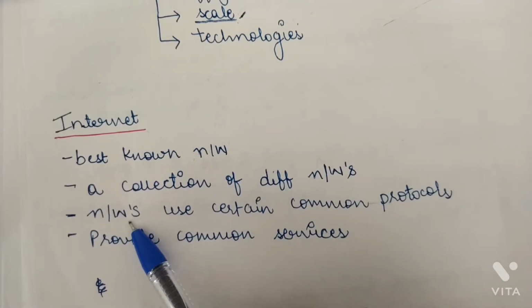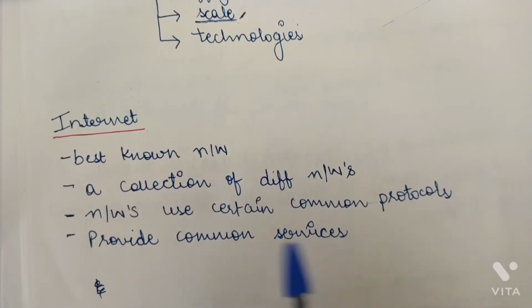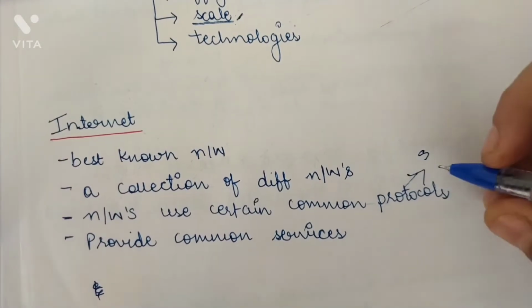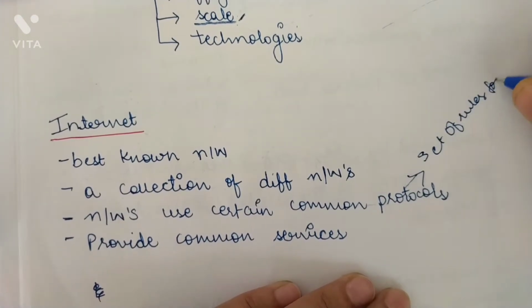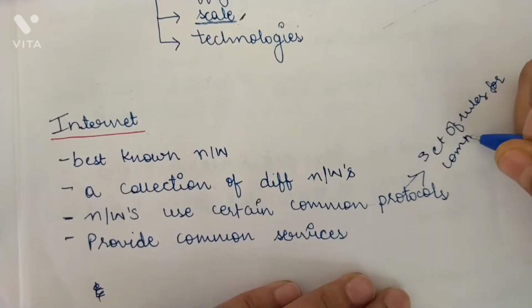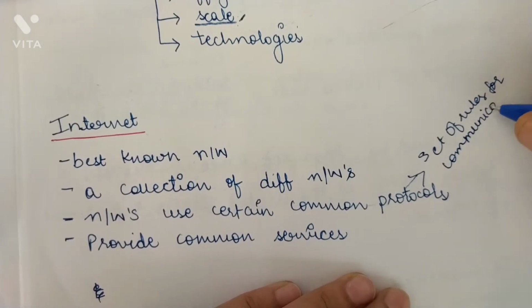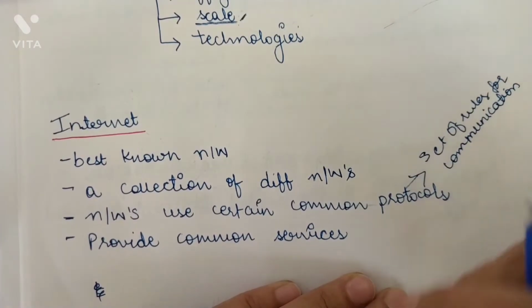Such networks are interconnected using some common protocols. Now, why do I need common protocols? Because if two hosts on different networks want to communicate, it is obvious that they need the same protocols.